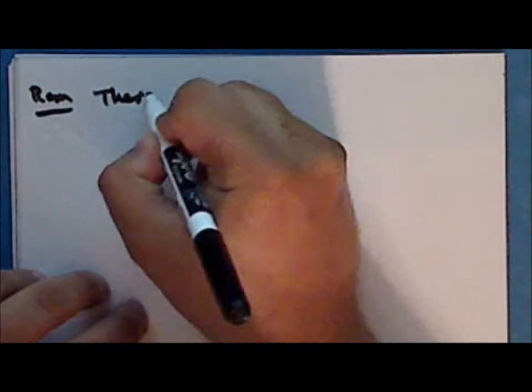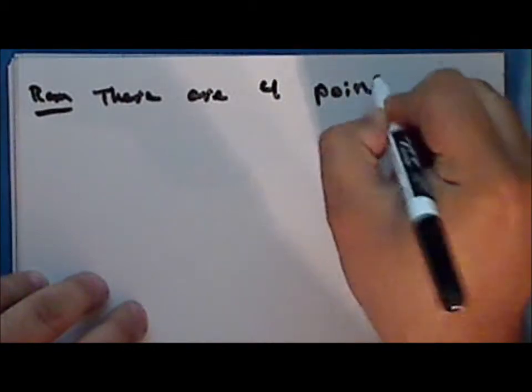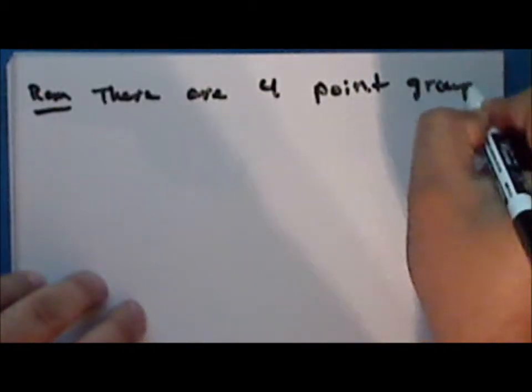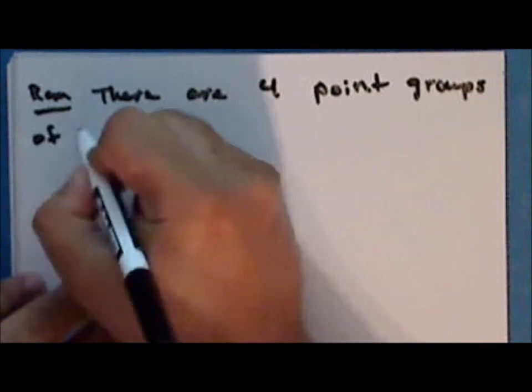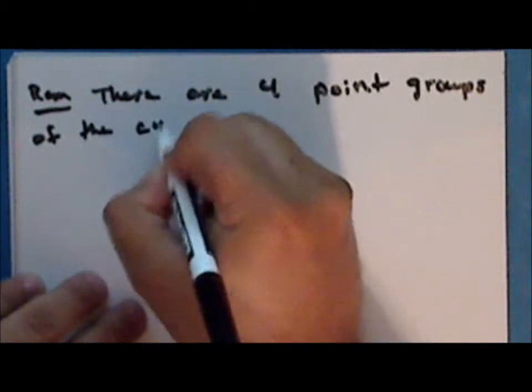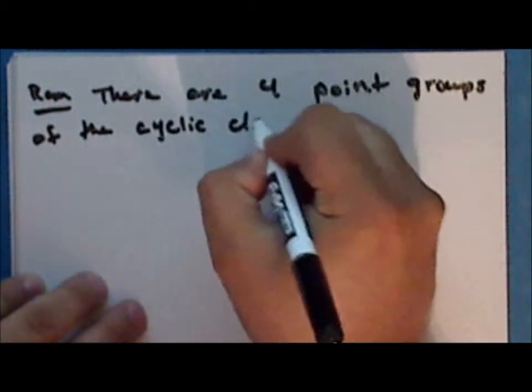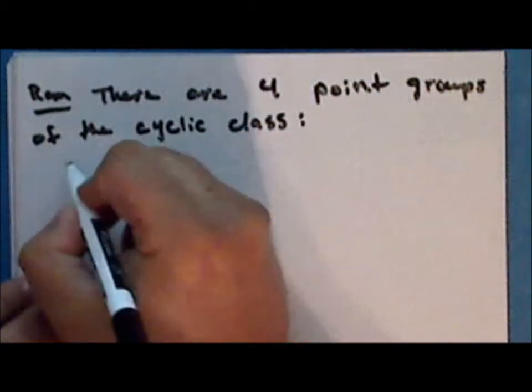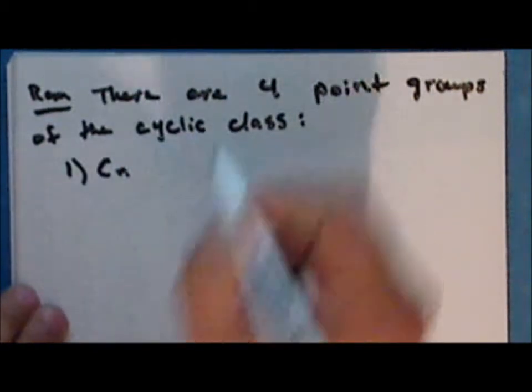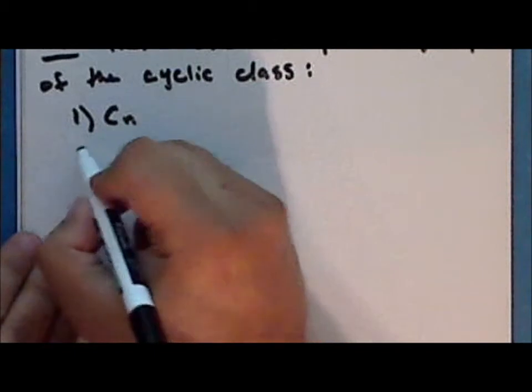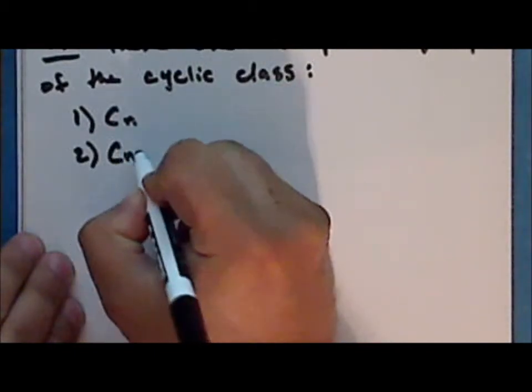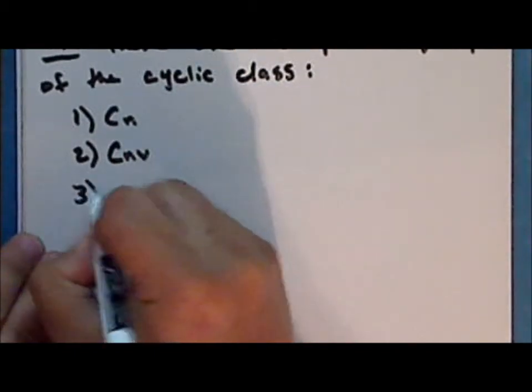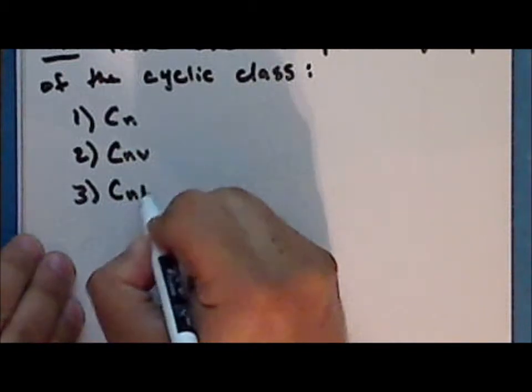Now there are 4 point groups of the cyclic class. And these are denoted Cn, Cnv, Cnh, and Sn.